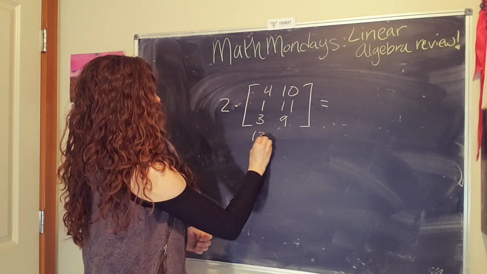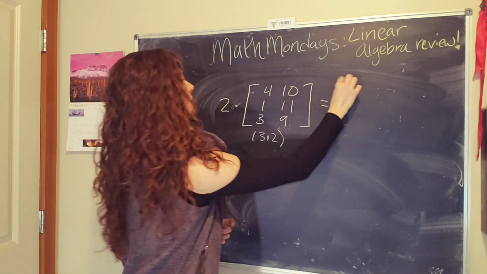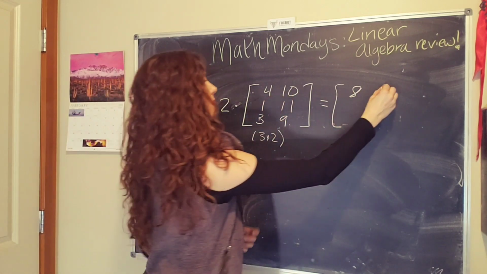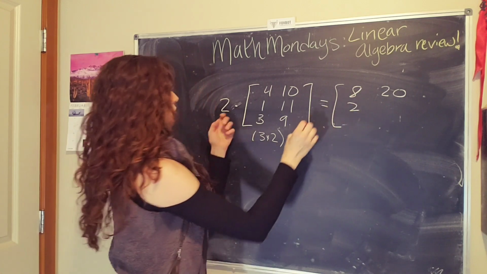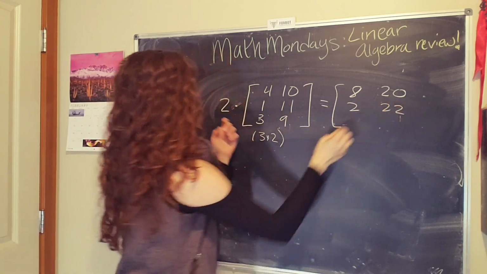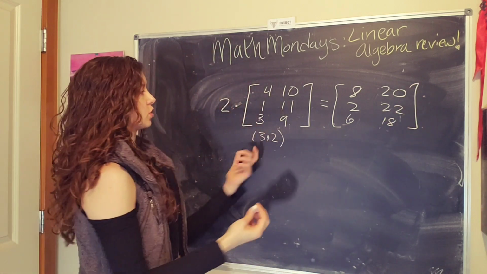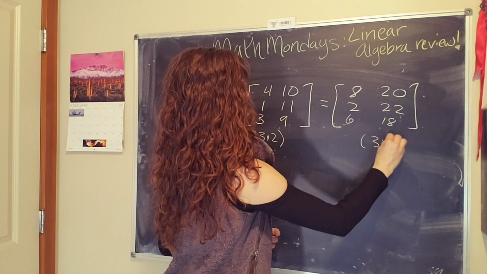And this is a 3 by 2 matrix. So this would give us 2 times 4 is 8, 2 times 10 is 20, 2 times 1 is 2, 2 times 11 is 22, 2 times 3 is 6, and 2 times 9 is 18. So we started with a 3 by 2 matrix and we ended with a 3 by 2 matrix.